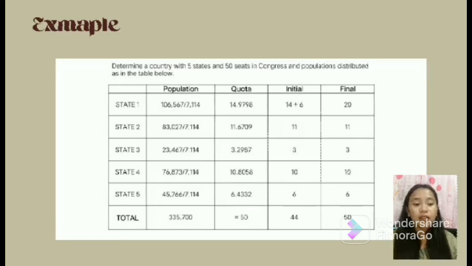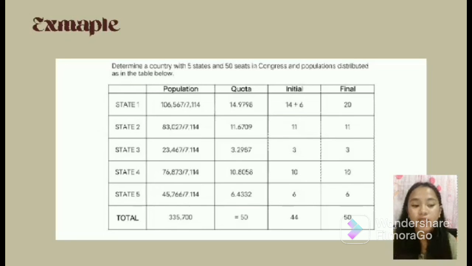Example: determine a country with 5 states and 50 seats in Congress and population distributed as in the table below. State 1 has 106,567 population. State 2 has 83,027 population.